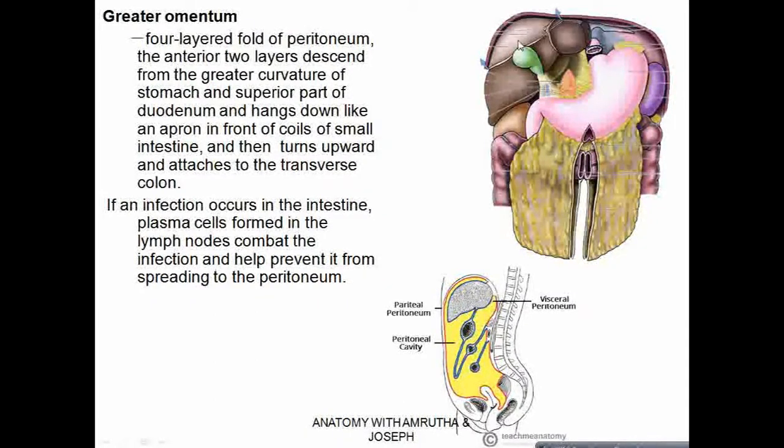Suppose the liver were placed a little lower than the diaphragm, the peritoneum could easily go and cover the liver fully, but here it is not possible because the diaphragm is very closely attached to the liver, so the peritoneum is not able to pass through.